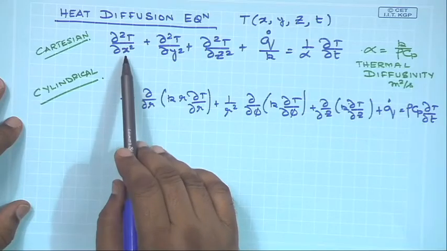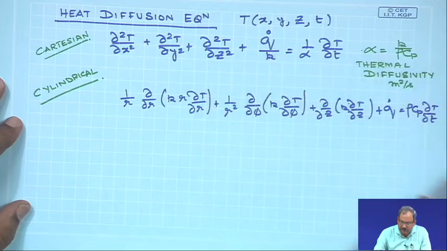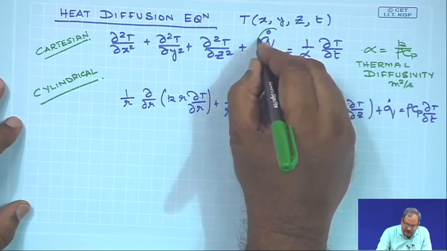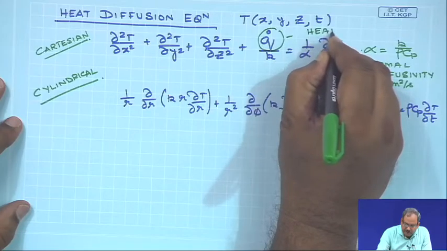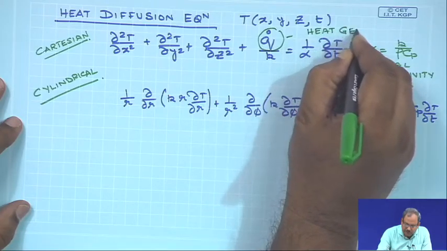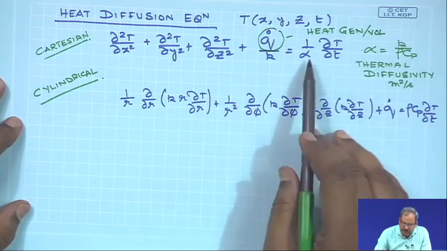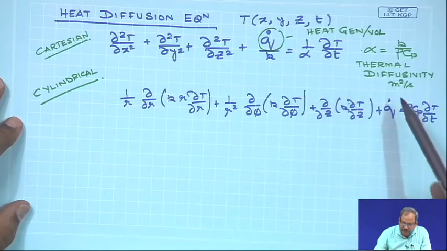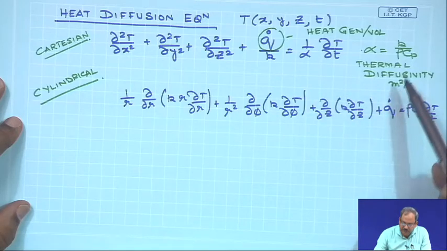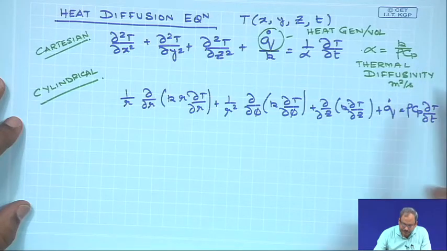So, the del 2 T by del x square and for y and z, and this q dot is the amount of heat generated per unit volume. K is the thermal conductivity, and this alpha, as we have seen, has units of meter square per second. It is defined as K by rho Cp, and it is known as the thermal diffusivity.